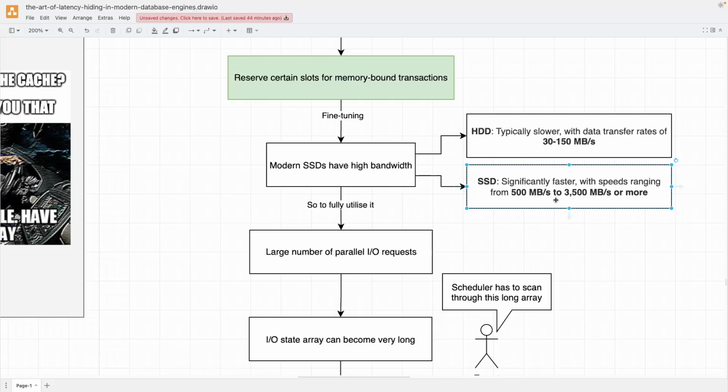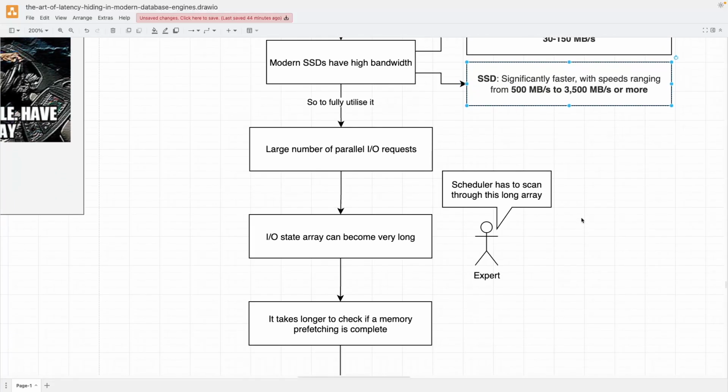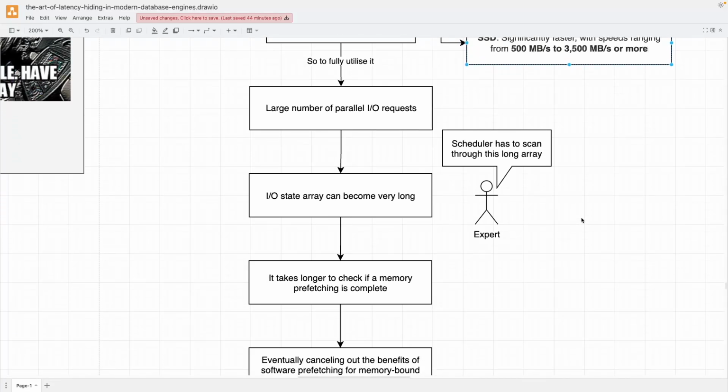So what the authors note is that many times you'll have to launch a lot of transactions to actually utilize your SSD completely. And because of that, your array, which again, the question earlier asked about, can get quite long. And the problem is that when your array gets very long, just like the previous question mentioned in chat, if it has hundreds or thousands of transactions, that is going to slow down the worker thread because it has to check each of those 1,000 transactions every single time.